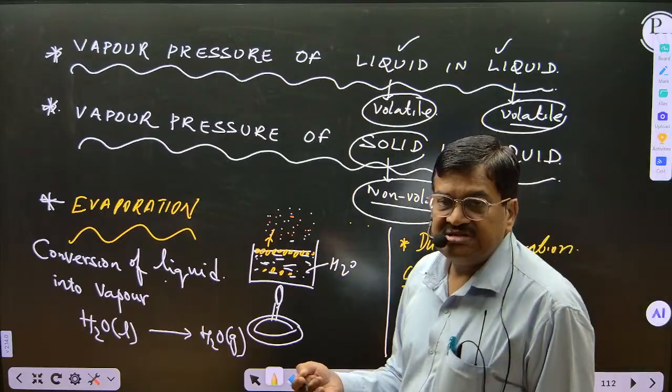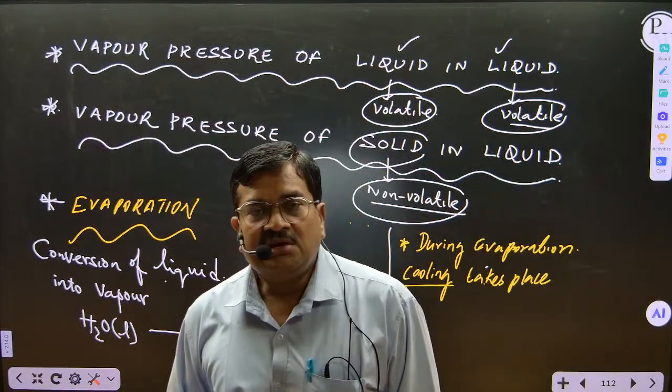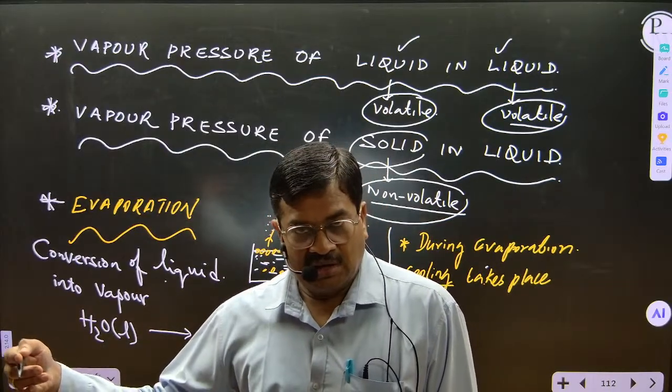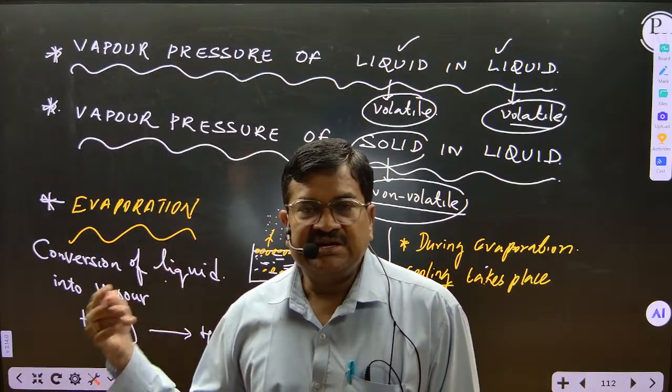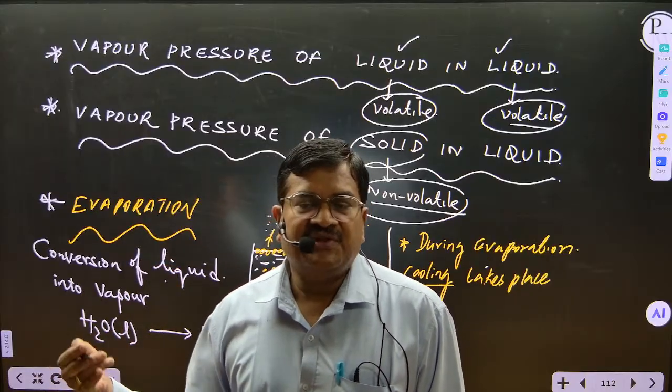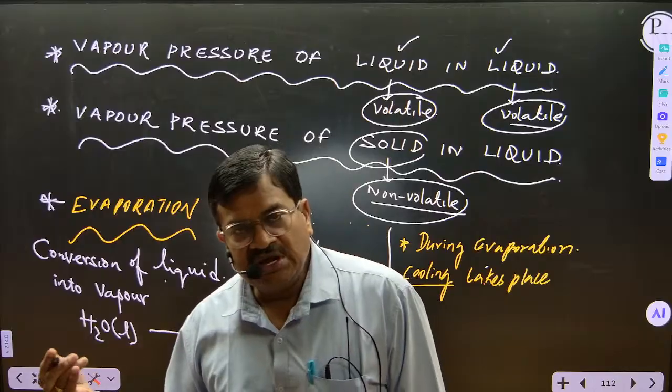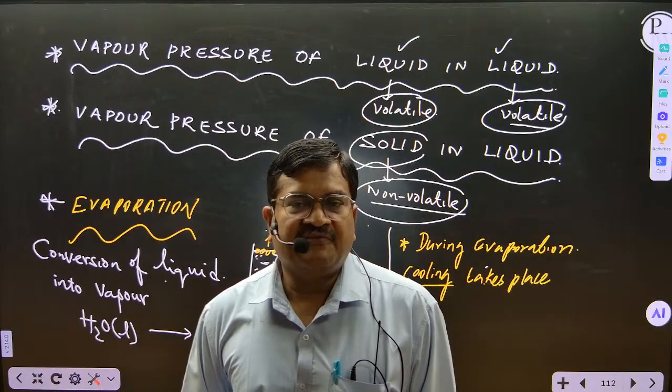So in assertion reasoning, they can ask conceptually: Assertion, during evaporation, cooling of liquid takes place. Reason, as kinetic energy of the molecules is decreasing during evaporation, the cooling effect takes place.